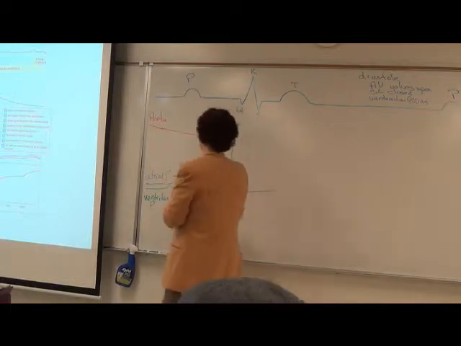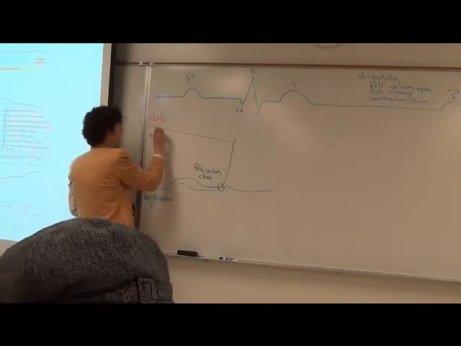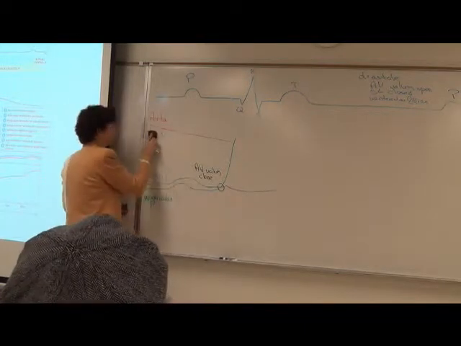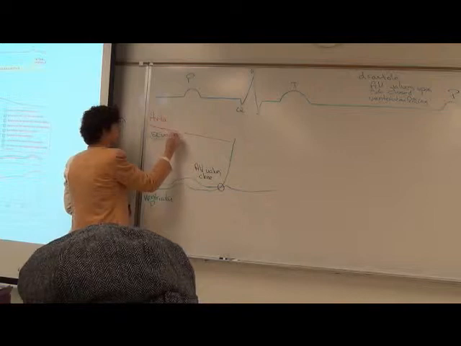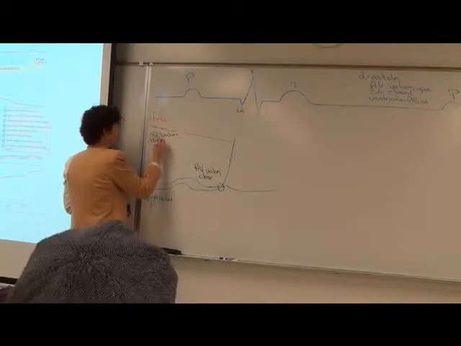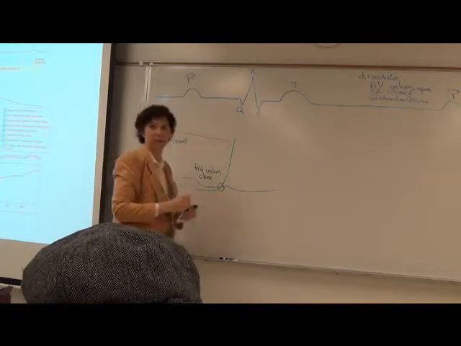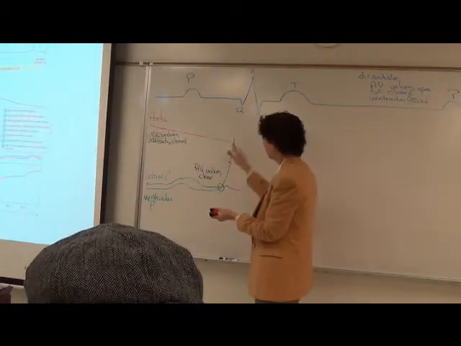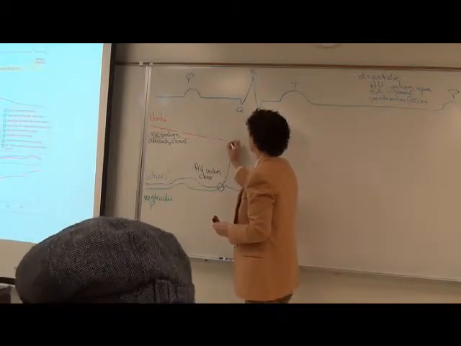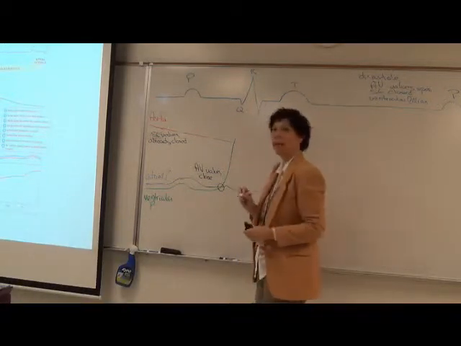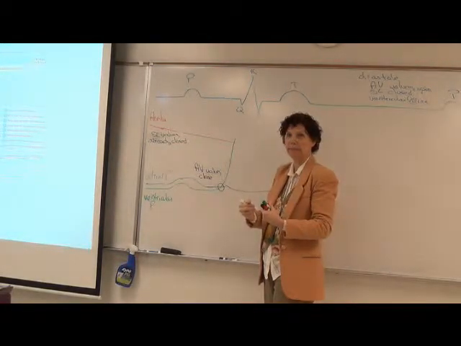Up here, aortic valve, semilunar valve, I'll just put SL, are already closed. Now, with our rapid rise in ventricular pressure, it becomes greater than aortic pressure, and that's what opens the semilunar valves.